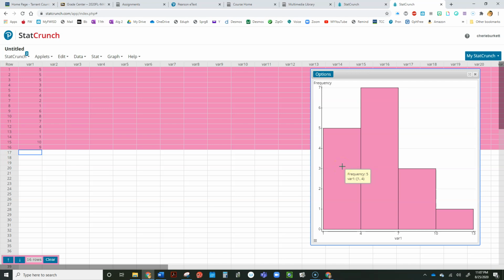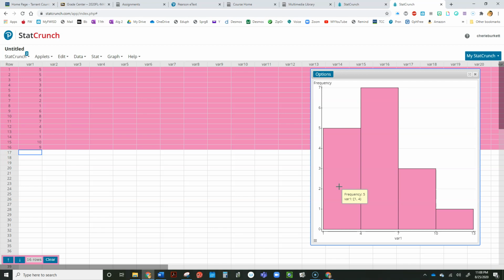Well, if you do it using our method that we did a while ago, we saw that our class limits, when there were 4 bins, was really 1 to 3, and then the next one started at 4 and went to 6, and then the next one started at 7 and went to 10. Well, that's exactly what this is telling us right there.